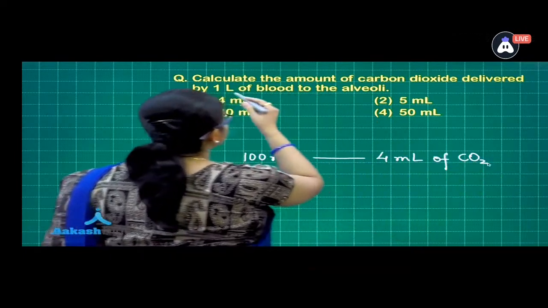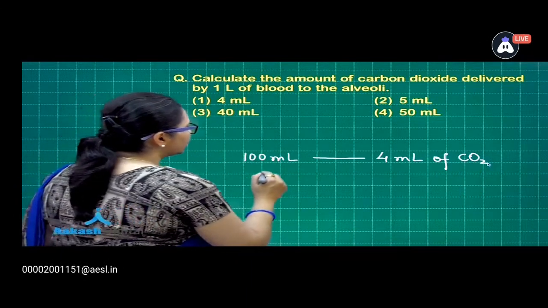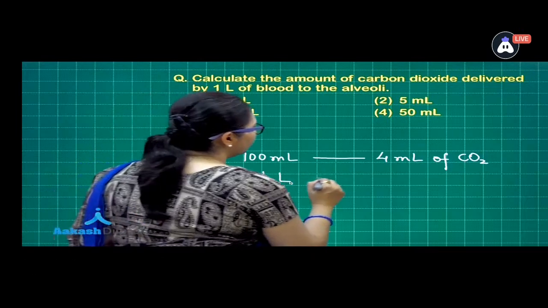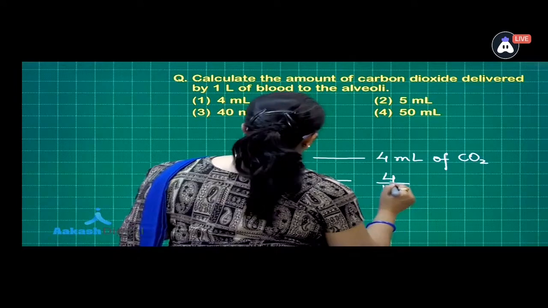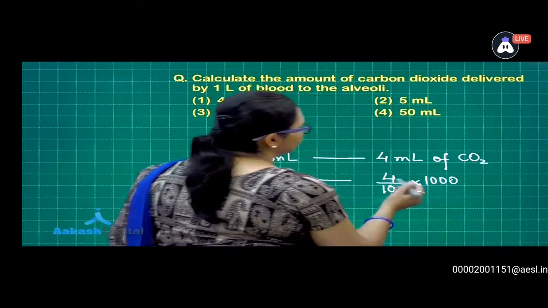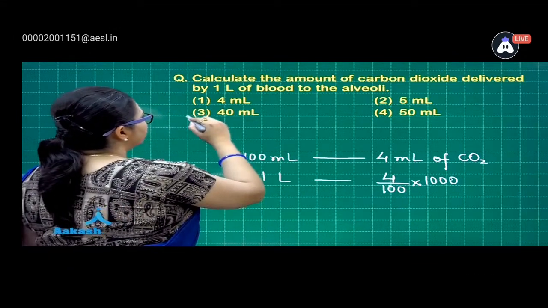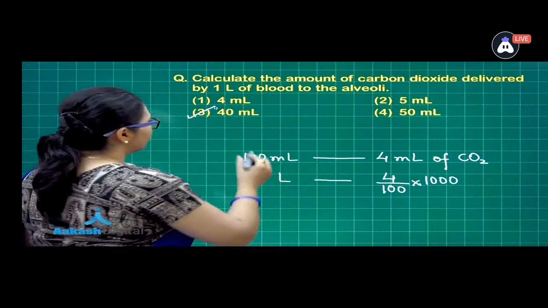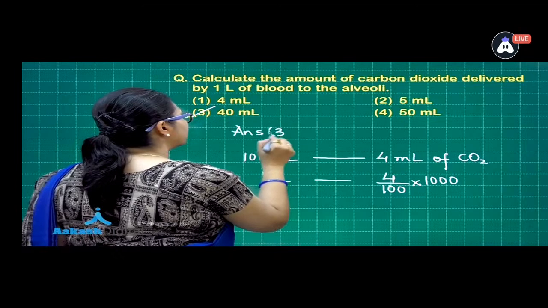Now the question is, how much would be delivered by 1 liter? So 1 liter of blood would deliver 4 upon 100, and 1 liter is 1000 ml. So we can simply calculate and the answer would be 40 ml. So the correct answer is option 3.